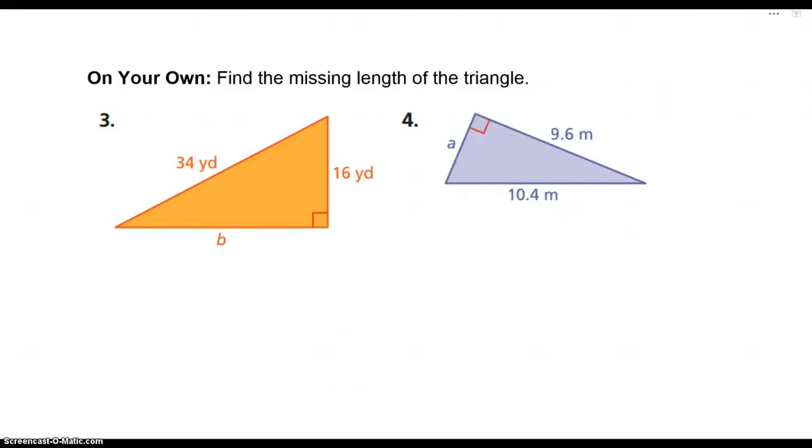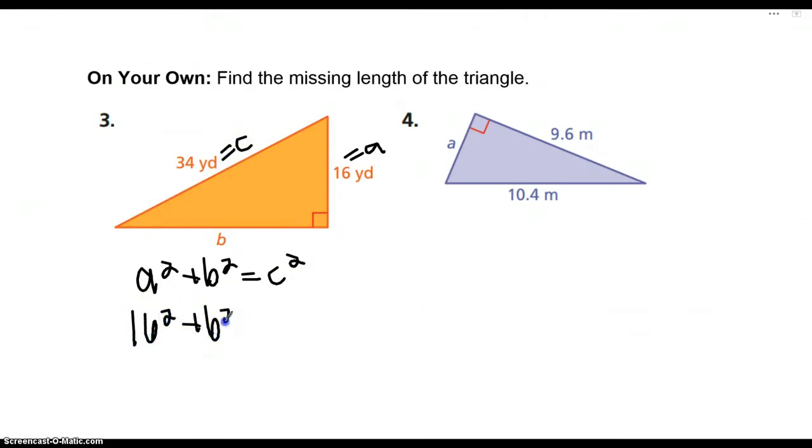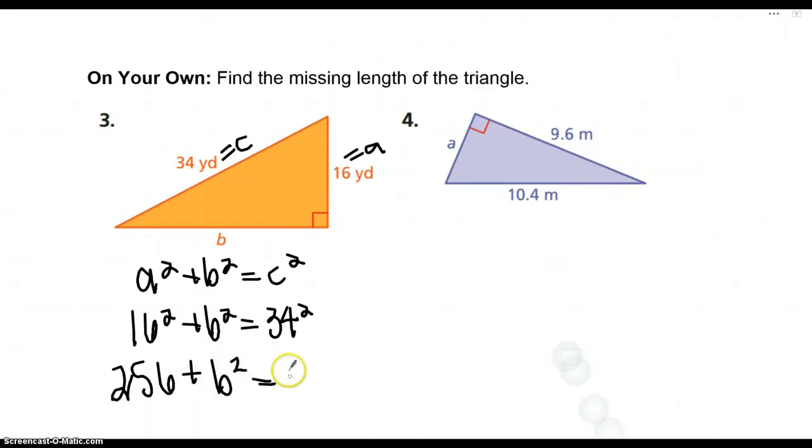All right, number 3 is A squared plus B squared is equal to C squared. Keep in mind this is A because it's my leg closest to the right angle, and this is C. So I have 16 squared plus B squared is equal to 34 squared. 16 squared is 256, plus B squared, don't know what that is, 34 squared, which is 1,156.